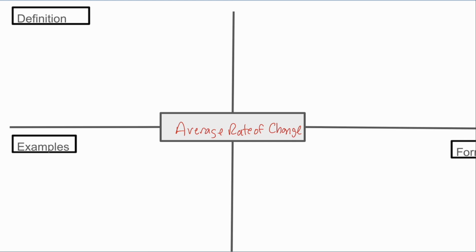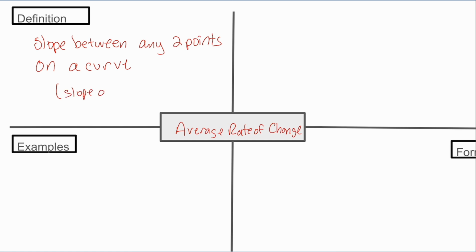The average rate of change is the slope between any 2 points on a curve. Okay, so it's referring to the slope of a secant line. Secant line just connects any 2 points on a curve.